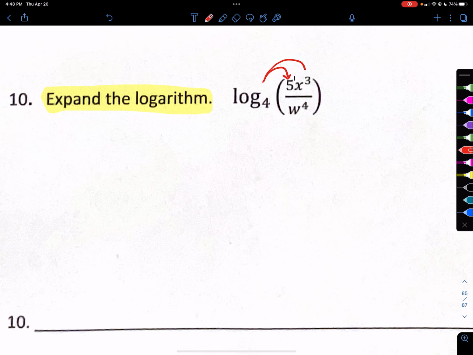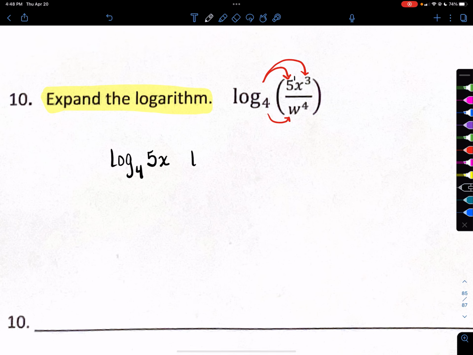Log to the fourth is going to go with x to the third power, and log to the fourth is going to go with w to the fourth power. So writing this out in expanded form, I have log base 4 of 5 to the x. That's part of the numerator. I know this term is positive, even though I don't write positive up front because it's understood.